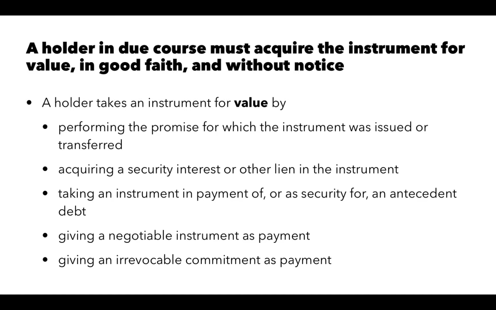So things like a gift, or what we call a bequest, which is when it comes in an inheritance, if the party takes it by those means, then that party has not given value and therefore cannot be a holder in due course.